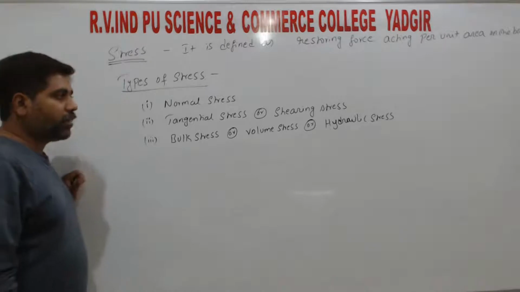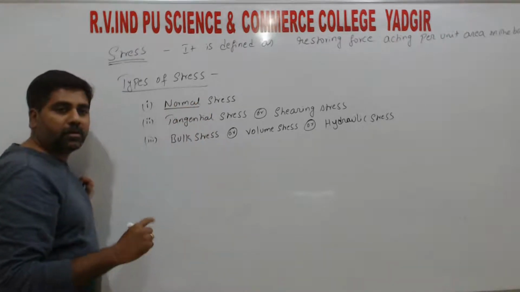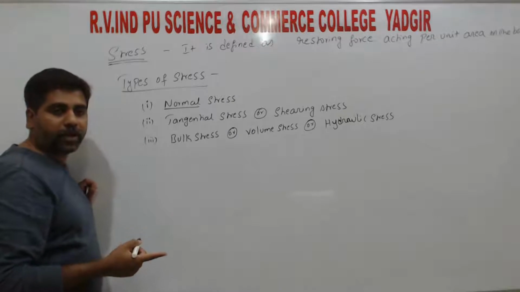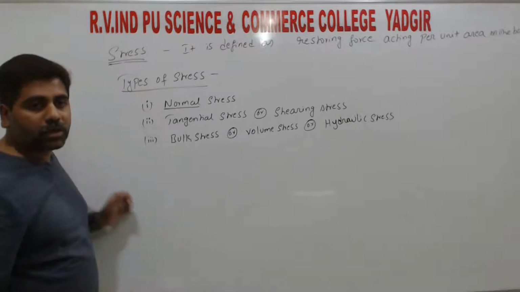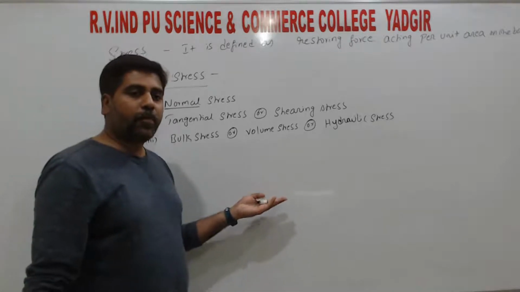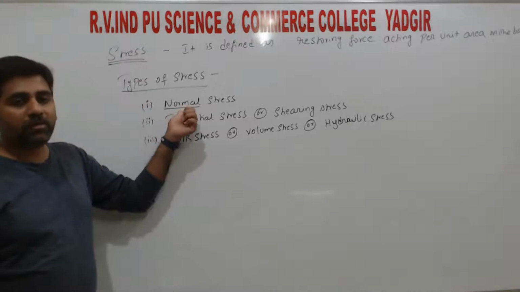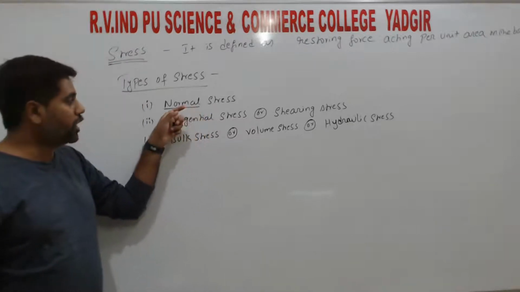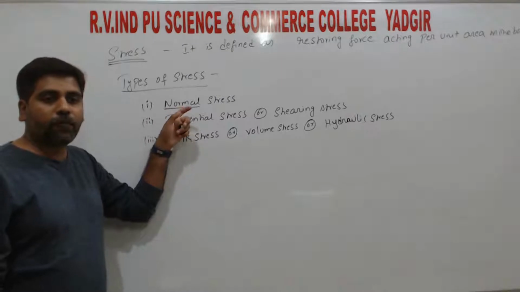The name itself is mentioned here: normal stress. Normal means another word for normal is perpendicular, right? So the force which is acting perpendicular to the area. If a force acts perpendicular to the area, we call it normal stress. Normal is a word you use a lot, instead of perpendicular.